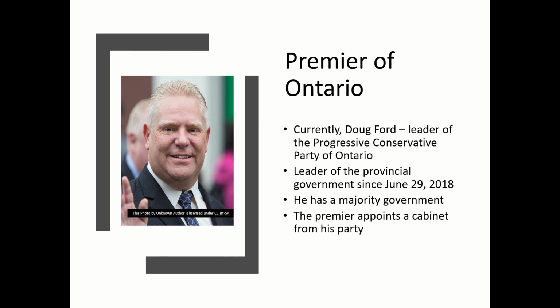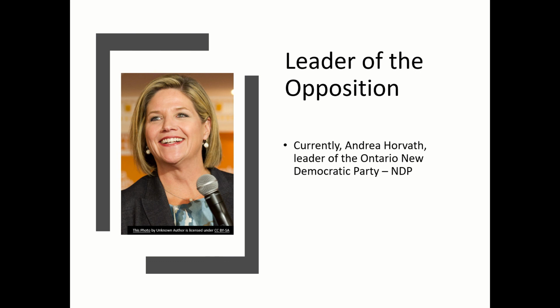And again, on the provincial level, there's a cabinet as well, which is done the same way as at the federal level. They are chosen from the members of provincial parliaments, so all of the elected officials from the same party, they're elected and given the different areas of government that they are in charge of. We have the current leader of the opposition, Andrea Horwath, who represents the NDP.